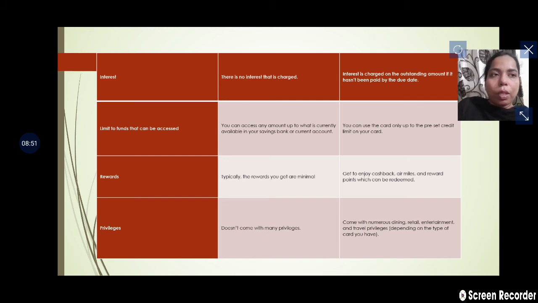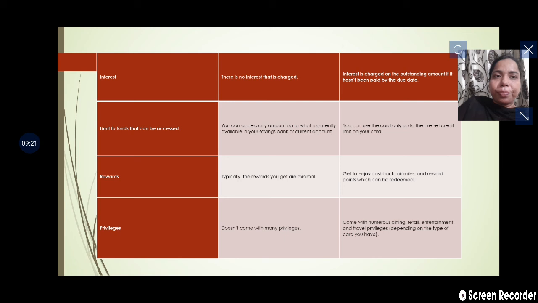Interest: normally no interest is paid on the debit card because it is the individual's own money. But in case of the credit card, on the outstanding balance, the individual has to make the payment of the interest. Limits to the fund that can be accessed: in the debit card case, the amount in the savings account or the current account of an individual can be accessed by the individual.